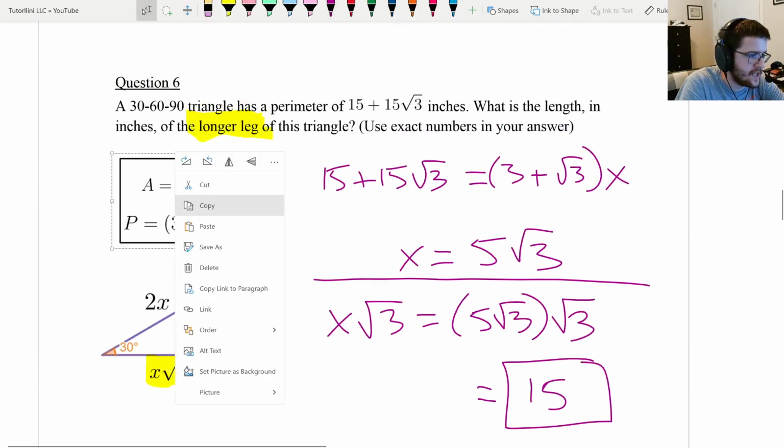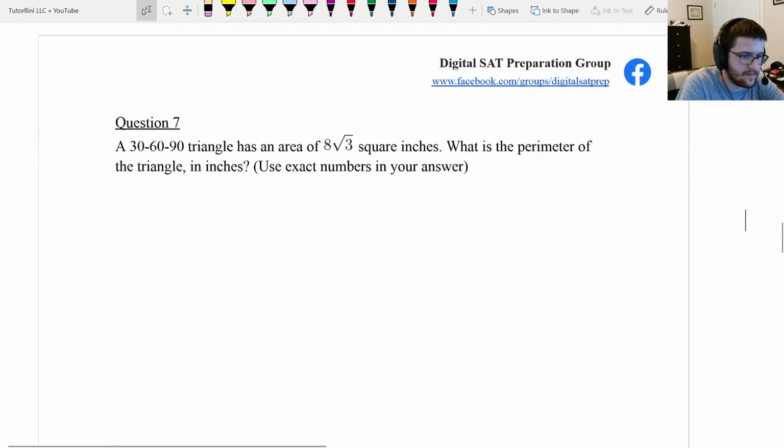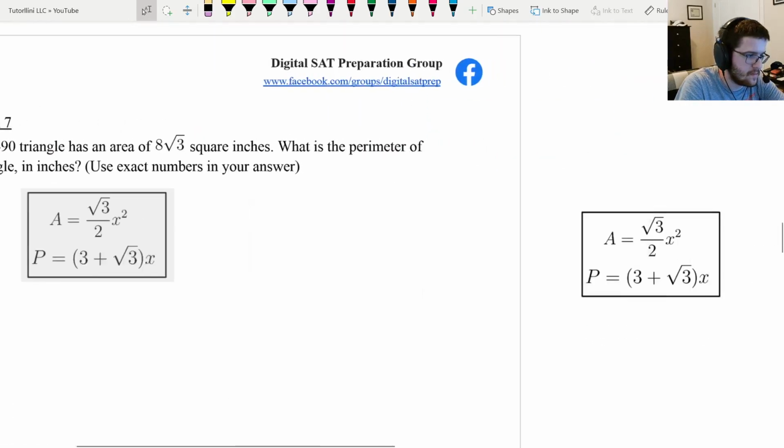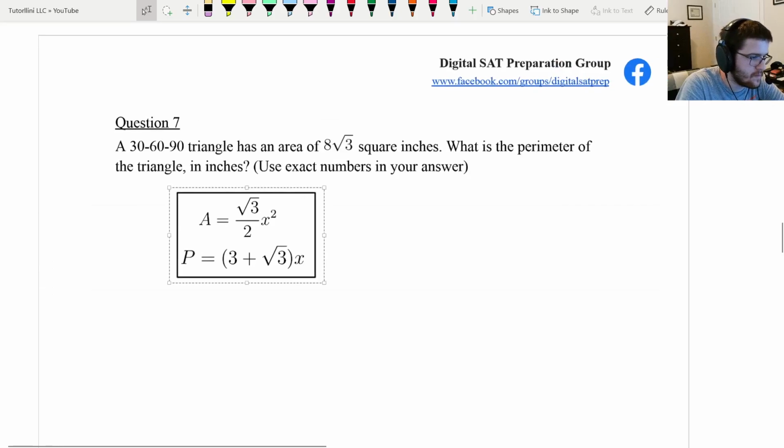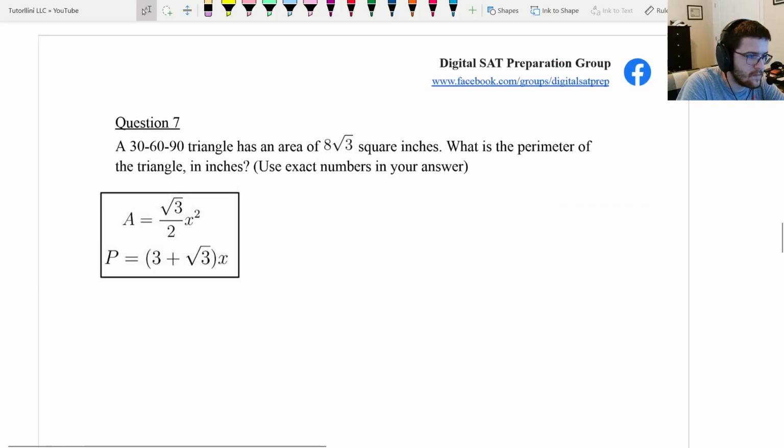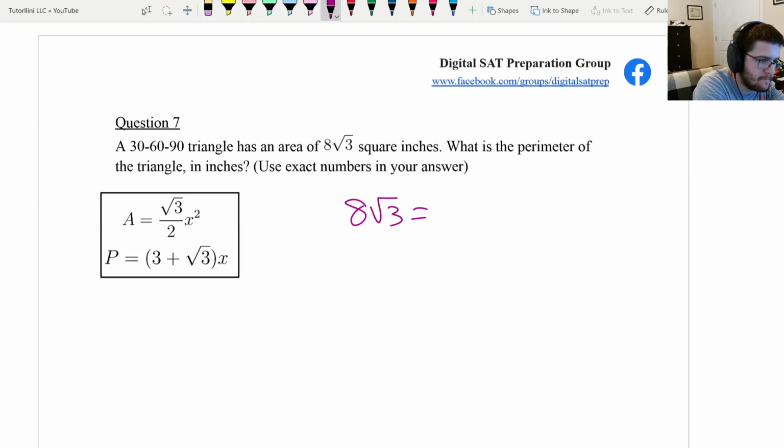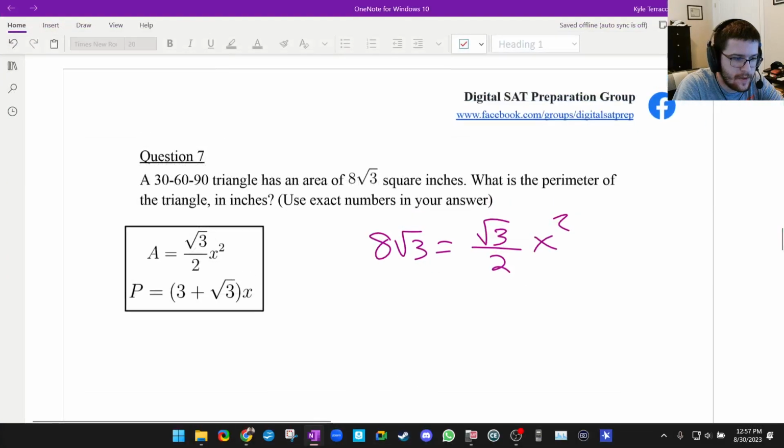Okay, more 30, 60, 90 formulas. Let's pull those down. Okay, so it has an area of 8 root 3. So we're going to put that in for A. Very first thing I'm going to do is divide both sides by root 3 over 2.